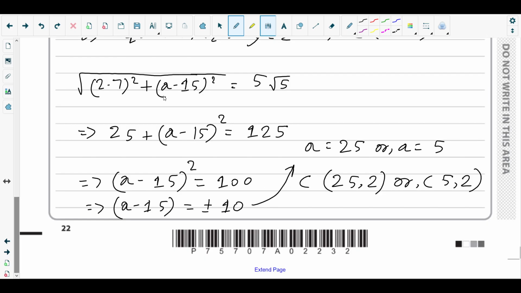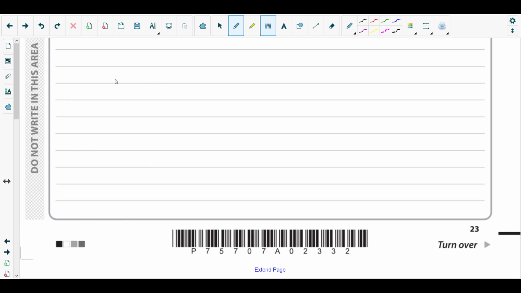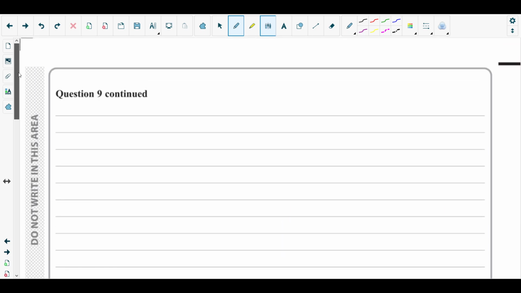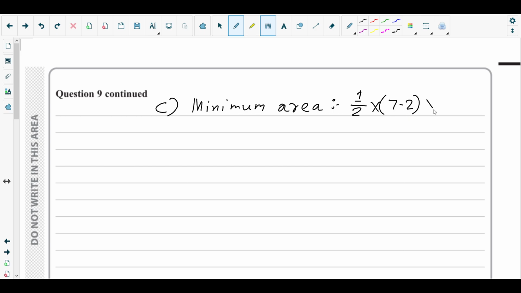So what would be the area? We need the minimum possible area for part C. That is half times the height, 7 minus 2, and the base is what?